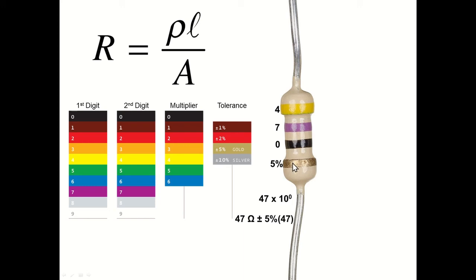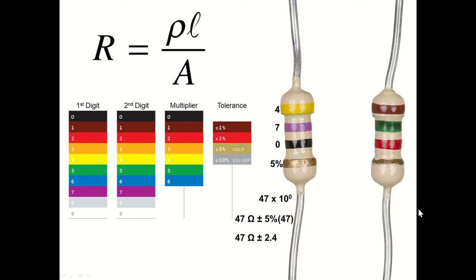So this manufacturer says that if we were to measure this, we should measure 47 ohms, give or take 5% of 47. And 5% of 47 is 2.4. So if we were to measure this with a multimeter, the manufacturer says we should measure 47, give or take 2.4 ohms of resistance.